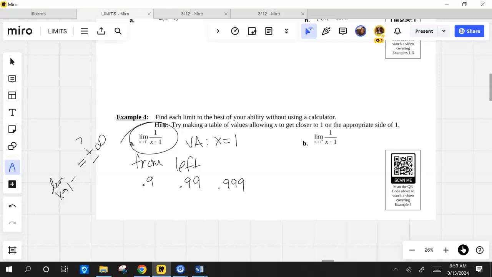Negative, because 0.9 minus 1 gives me negative. So this would be going to negative infinity. It's that easy. From the right, if I plug in a number that approaches 1 from the right, a little bit bigger than 1, maybe 1.1, I get positive, so this has got to be positive.